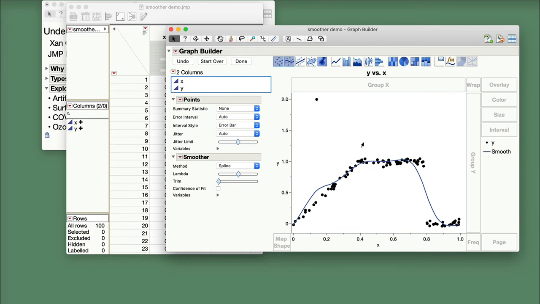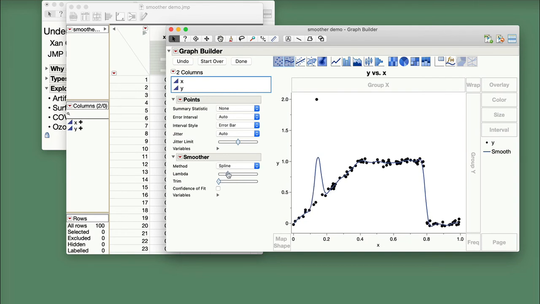So by default, we're seeing a spline smoother in Graph Builder, which does a pretty good job. As I mentioned, it can only be so sharp. I can change the smoothing parameter, the lambda, to try to capture that step better, but then that introduces waviness in other places.